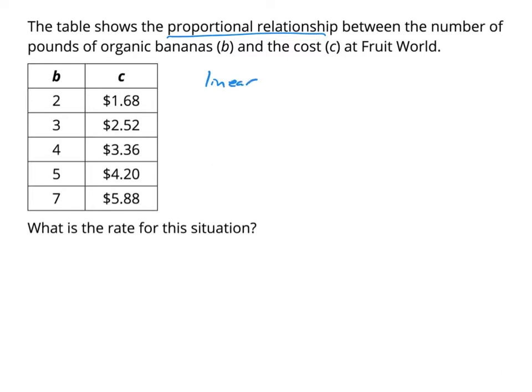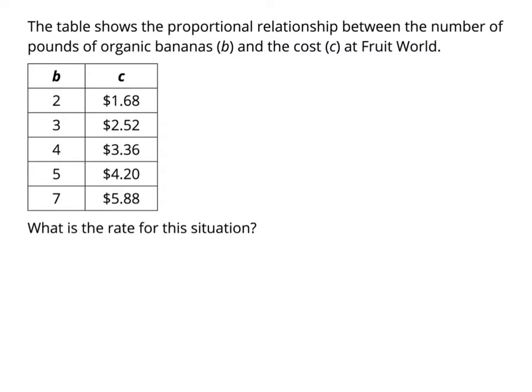If you recall what linear tells us, it is increasing or decreasing by a constant amount. So every time B goes up by 1, C has to go up by the same amount. That's what the term proportional relationship is really telling us.